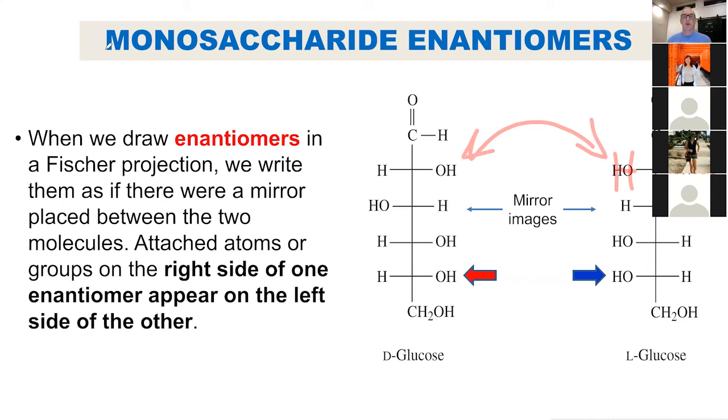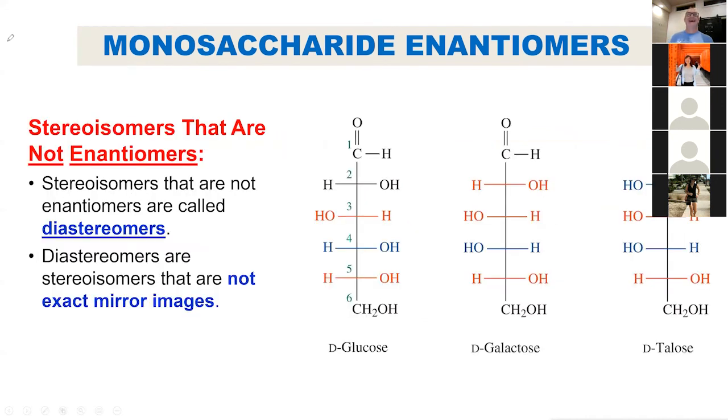Do you know what they're called? Diastereomers. That's right, you're just crushing it. Did you read the next slide or did you know that? I read the next slide. Yes, they're called diastereomers. So they are not exact mirror images.